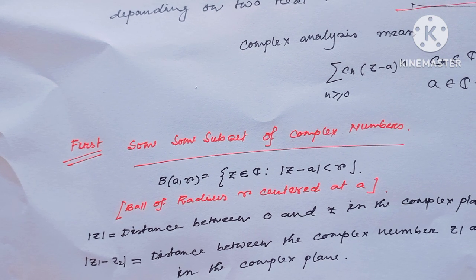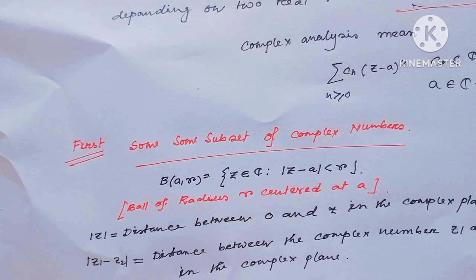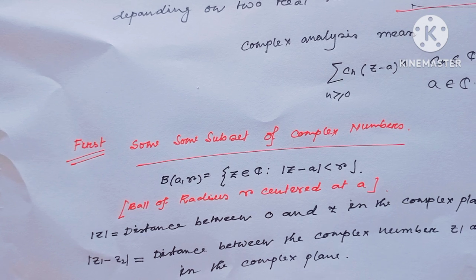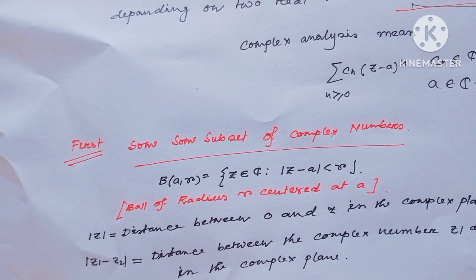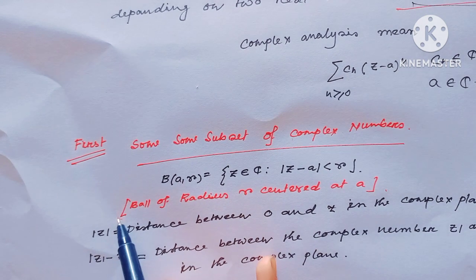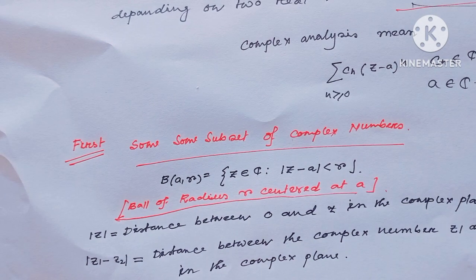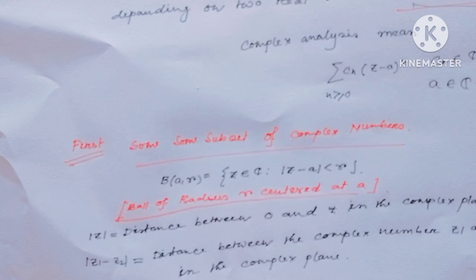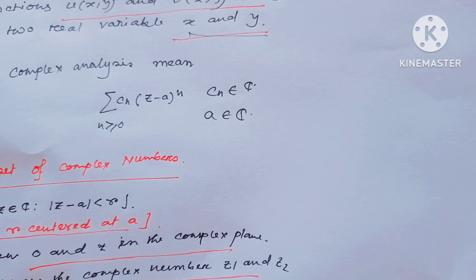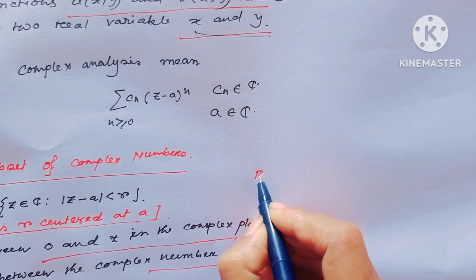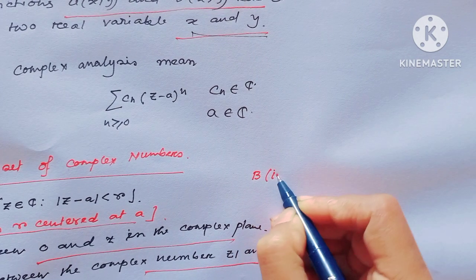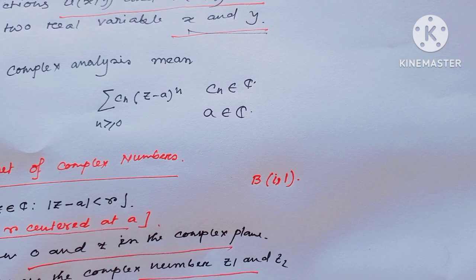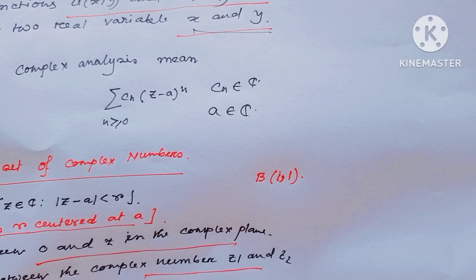B(A, R) means the set of Z in the complex numbers such that the absolute value of Z minus A is less than R. We all know this is the ball of radius R centered at A, and for example B(i, 1). That means here the center is i, a ball of radius 1.